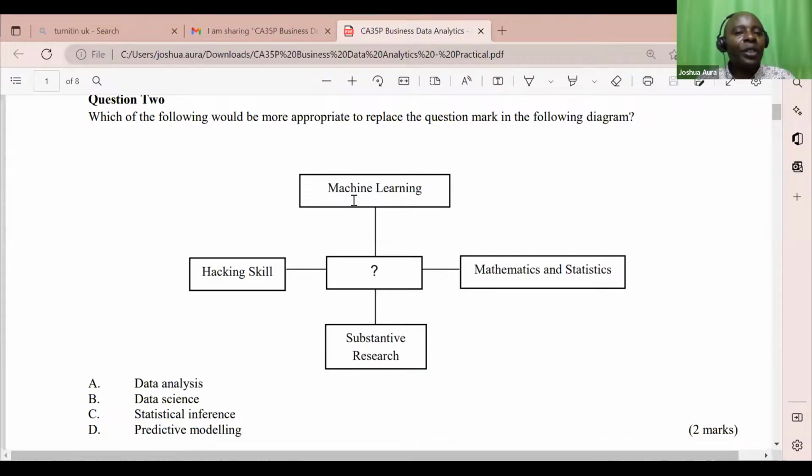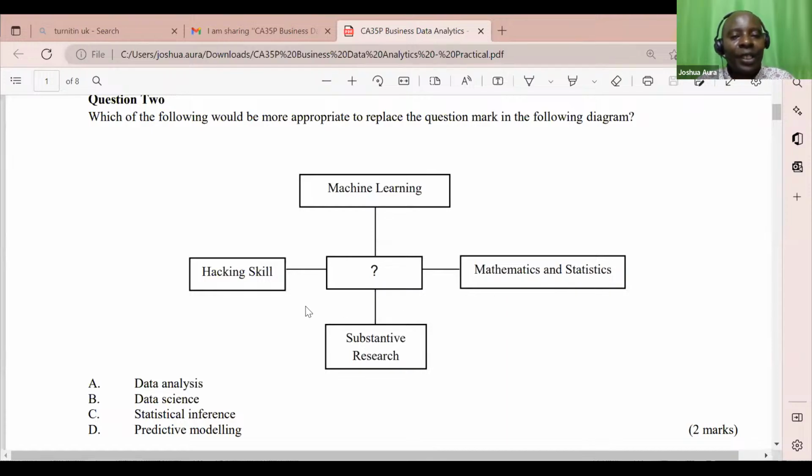Once we bring out the data using machine learning, through substantive research we shall keep on getting more data, because we're talking of big data. And of course, we shall try to understand this data and change it to information. Now we are making use of statistics.